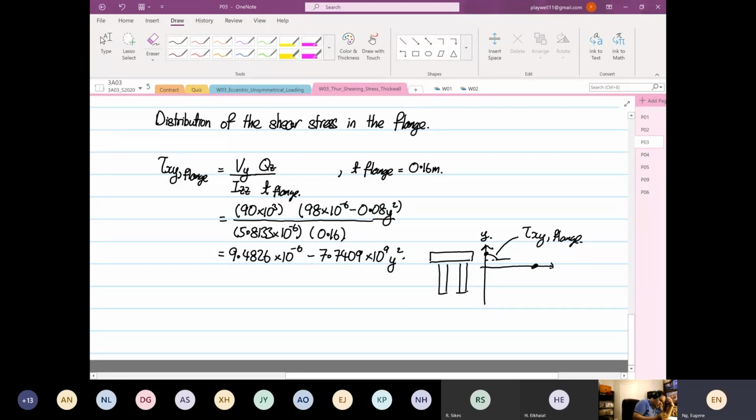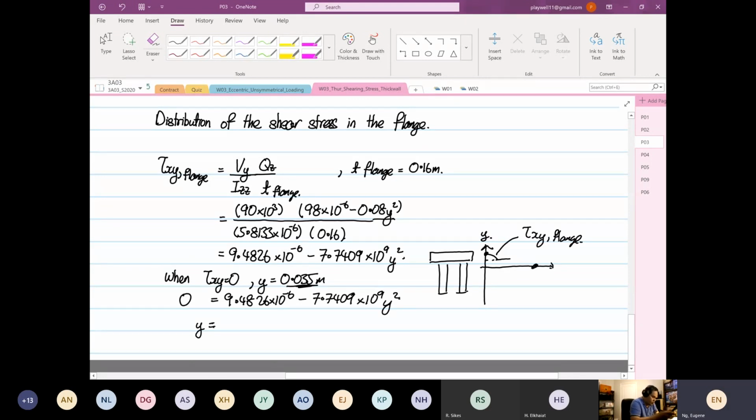So one way to do this is, when shear xy is equal to 0, y must be equal to what? So when you do this, it is equal to 9.4826 power of 6.